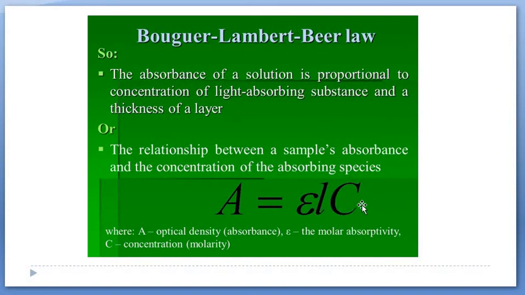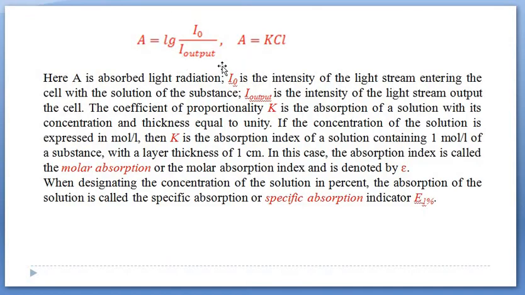Here C is the concentration of the absorbing species, where A is the absorption or optical density, epsilon is the molar absorptivity, and C is concentration or molarity. In the equation, A equals the logarithm of I0 divided by I output, and A equals KCL.